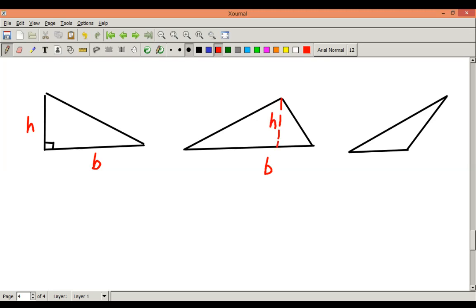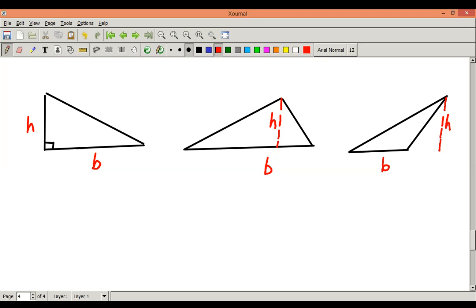It's just how tall it is. And you could also have a situation where here's the base, and the height is outside the triangle. So that's the height of that third triangle. So the height of a triangle has to be perpendicular to the base, but it could be on the triangle, inside the triangle, or outside the triangle, depending on the triangle.